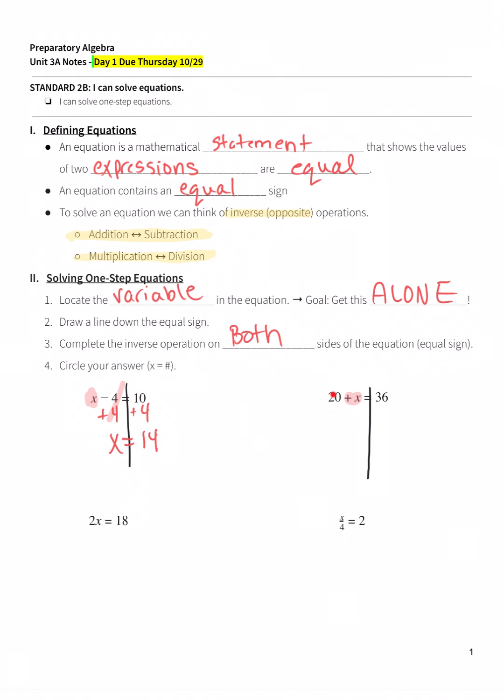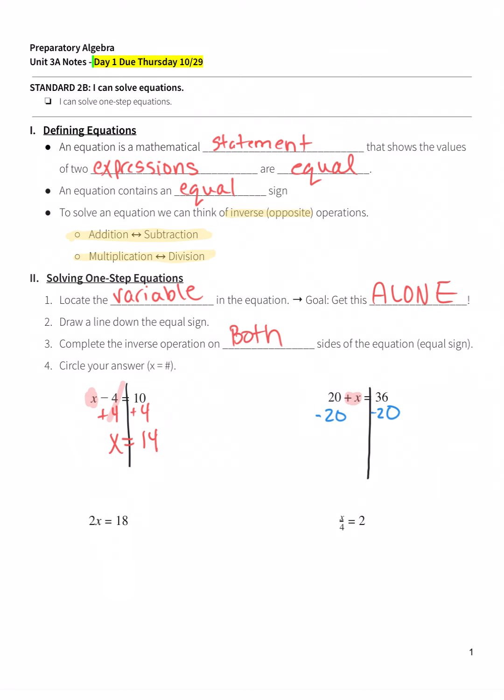So because we have this positive 20 here, to get x alone, we've got to get rid of this. How do we get rid of it? Well, we subtract it. So I'm going to subtract 20 from both sides. Now 20 minus 20 is 0.